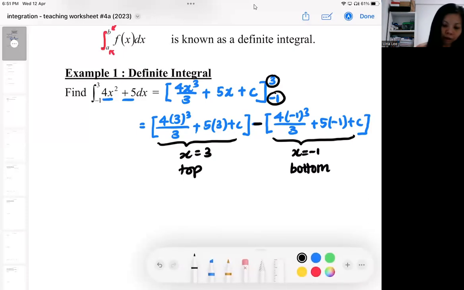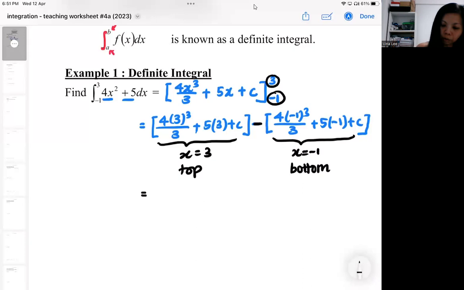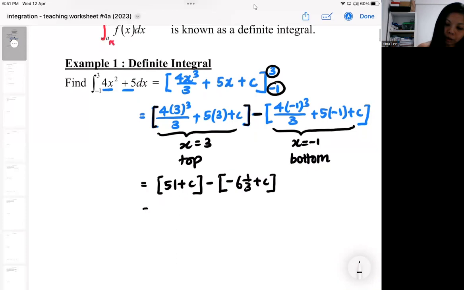So what do you get eventually? If you look at the first bracket, you will get 51 plus C. If you look at the second bracket, you will get -6 and 1/3 plus C. Then you open up the big bracket, and C minus C will cancel away.